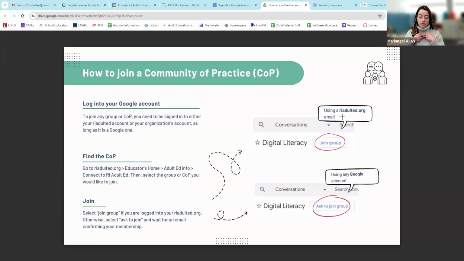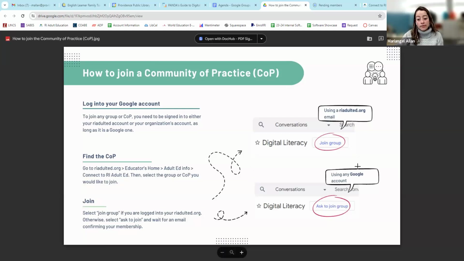When you own a riadulted.org email address, it automatically lets you in. All you have to do is click join group, and you will see it the same way as it is shown here in the picture. So you won't have to wait for me to see, oh, Shirley's trying to join, accept. No need. You will automatically be in the group once you press join group.